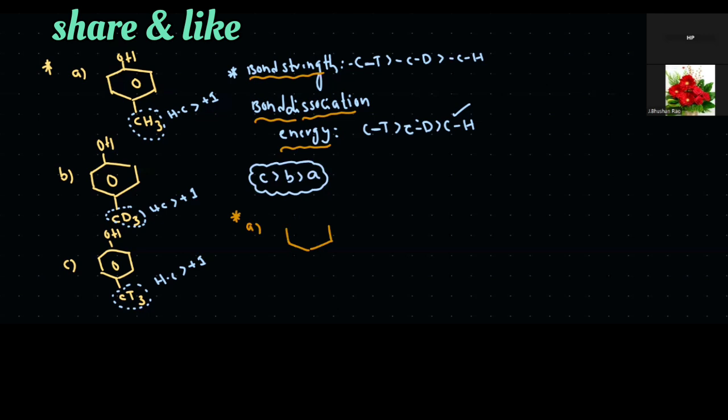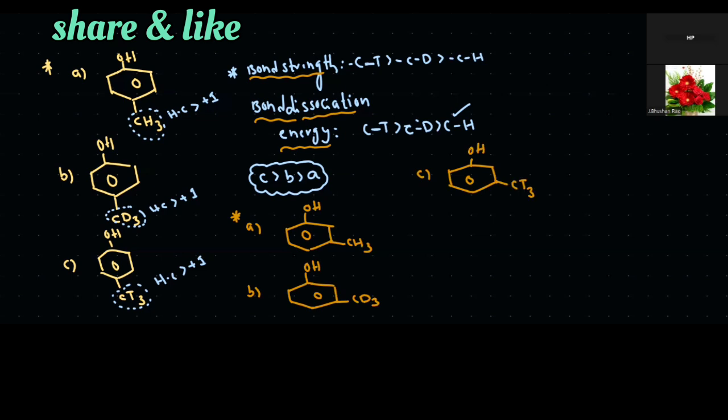Same phenol, CH3 group at the meta position. Next, compound B, phenol, here one CD3 group is present. Compound C, one CT3 group is present at the meta position.